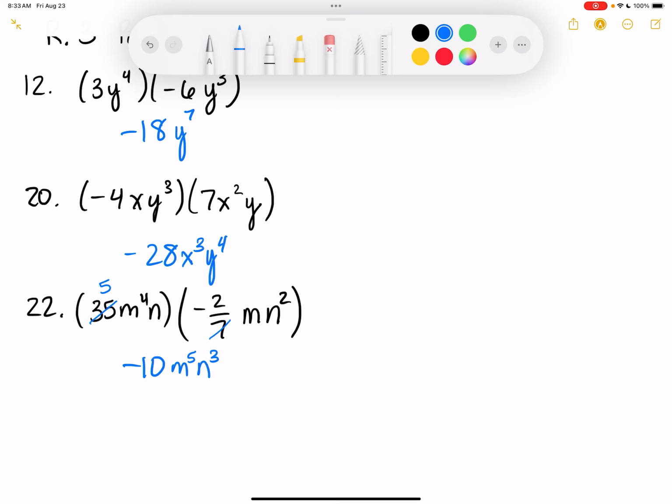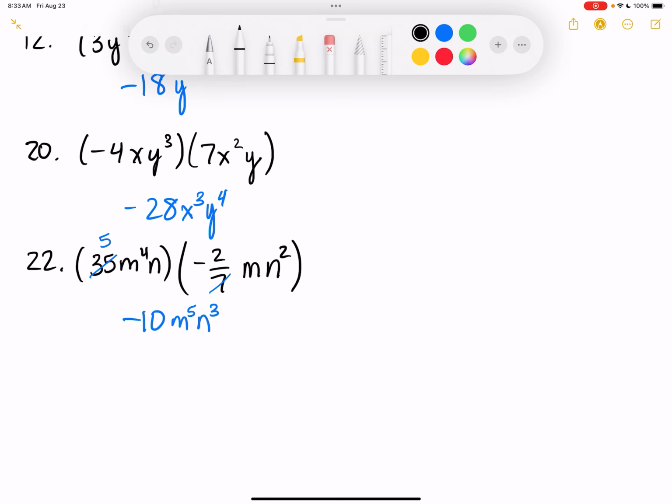So on those ones, we were adding the exponents, but if I have something like 26, in parentheses, negative 2x to the fifth, and then the entire parentheses is raised to the fifth, what does the whole thing being raised to the fifth tell me that I need to do inside? Yep.